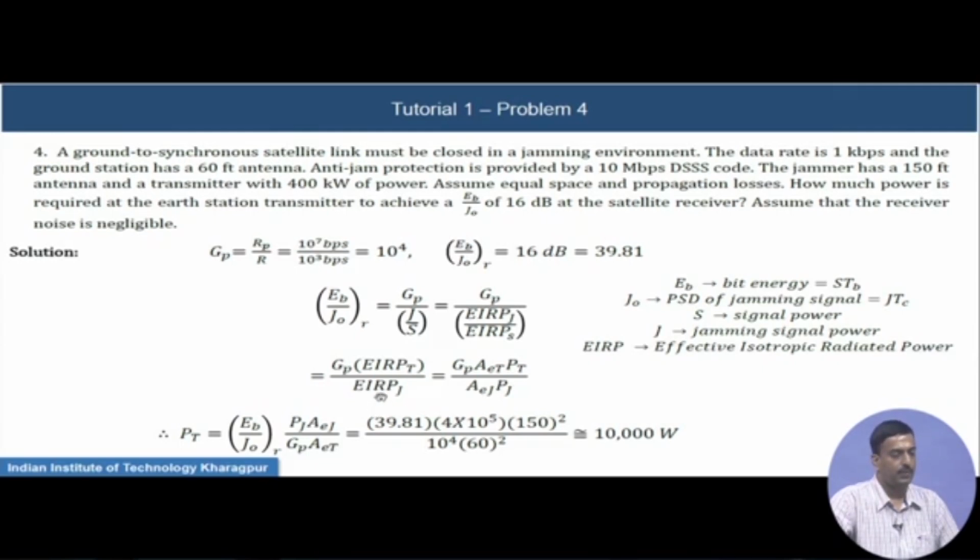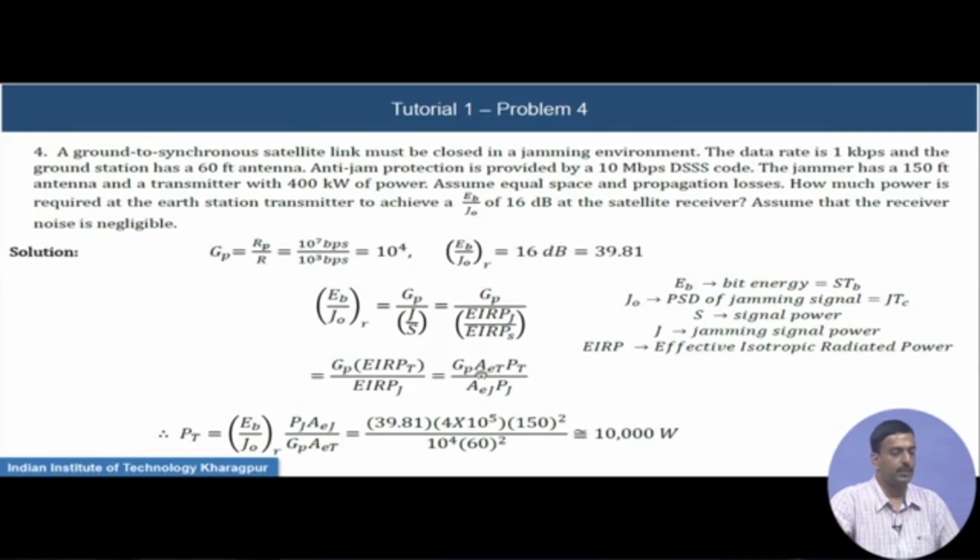So as we can see, we are already given E_b/J_0, which is 39.81, and the rest of the parameters are all known except P_T, which is the transmitted power which we are seeking to calculate.